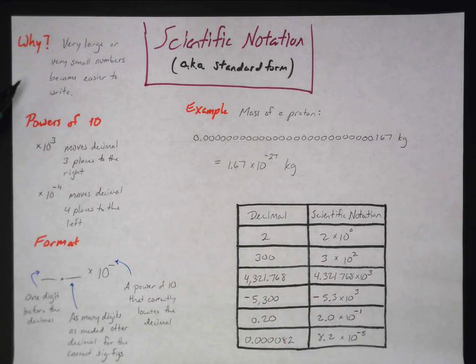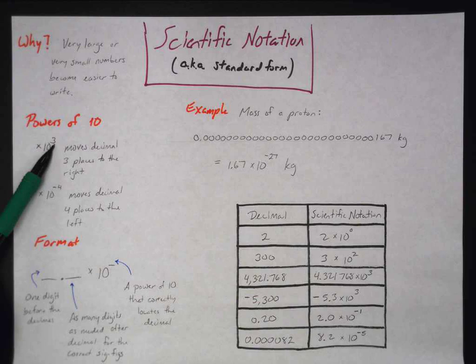Before we get into the form and what they look like, let's look at these things called powers of 10. When you multiply something times a power of 10, for example, something times 10 to the third power, all that's doing is moving the decimal point 3 places, in this case 3 because you have this exponent of 3. This is 10 to the power of 3.